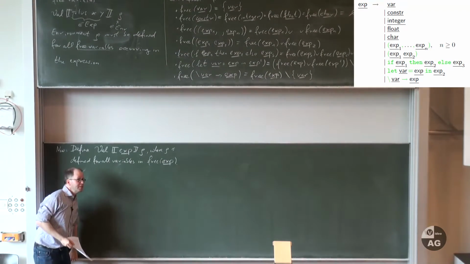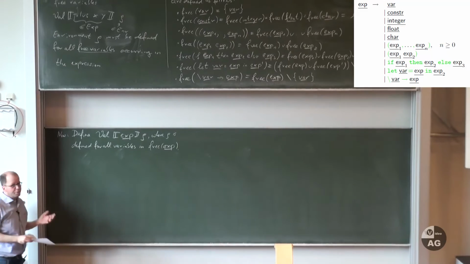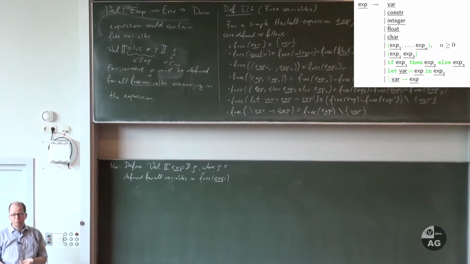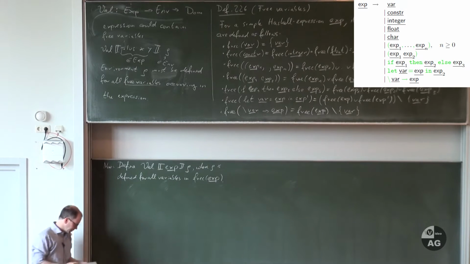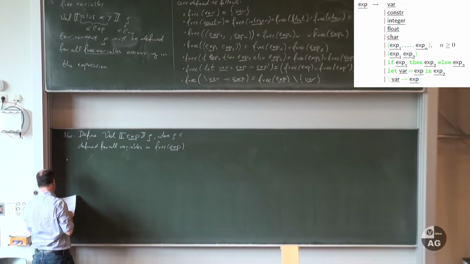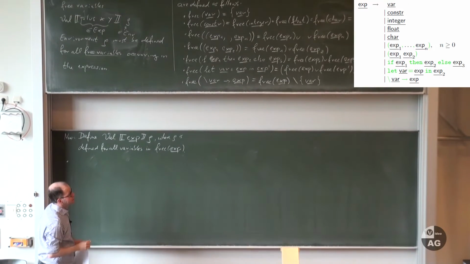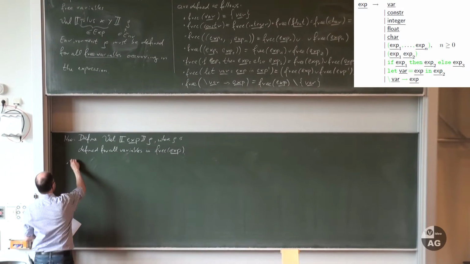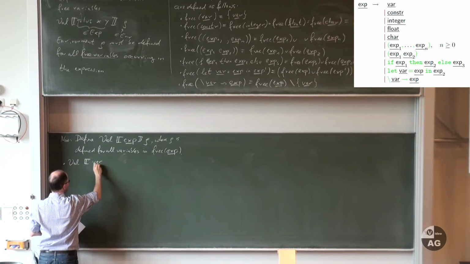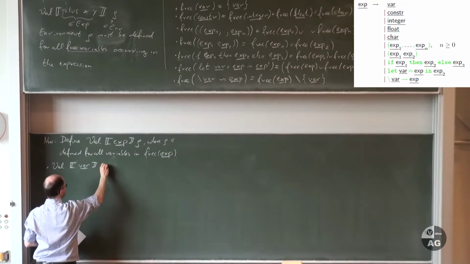So let's do this step by step. We only have to regard those cases that you can see on the slide there, because we just look at simple Haskell expressions. So how do we do this? Let's start with the case where the expression is just a variable. So what is the value of this expression, which is just a variable, in a certain environment?